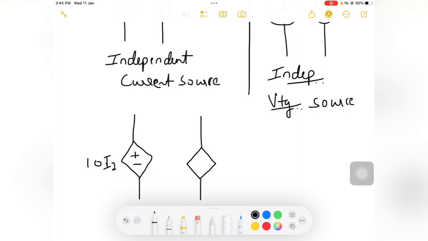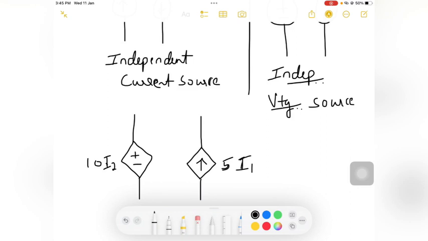Similarly, there could be a current controlled current source. Let me take the value 5 into I1.